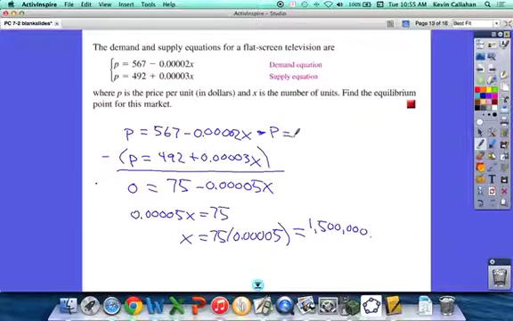P equals 567 minus 0.00002 times 1,500,000. 567 minus 30, a lot of zeros, is 537.